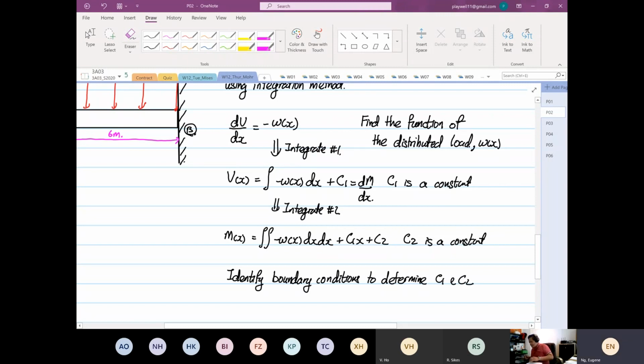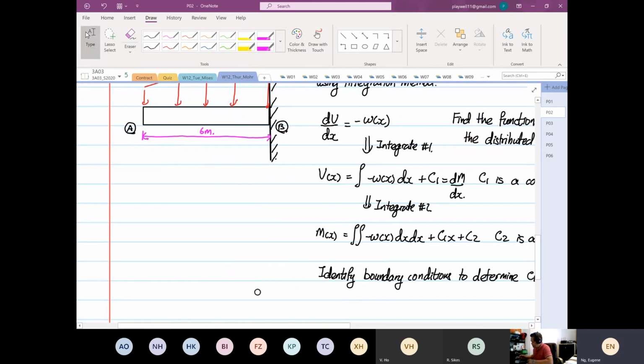We need boundary conditions, so now I'm going to teach you how to determine boundary conditions. At point A, x is equal to 0. The datum is always on the left-hand side of the structure. I repeat again, the datum is always on the left-hand side of the structure. On the other side, x is equal to 6 meters.